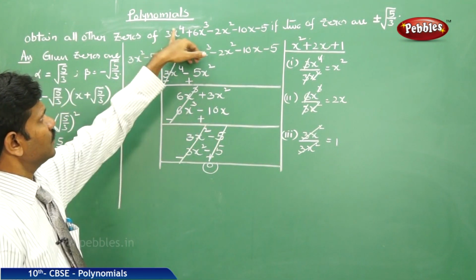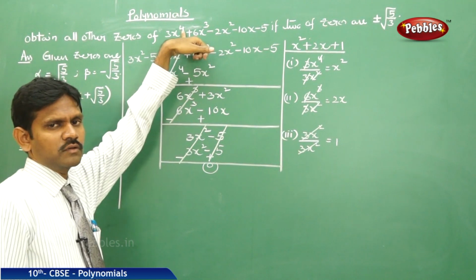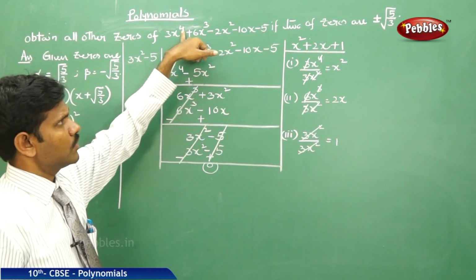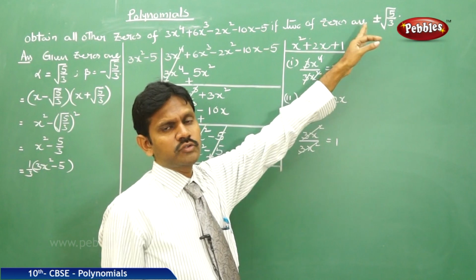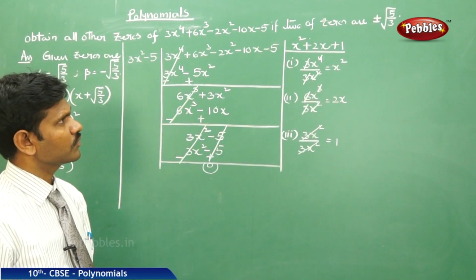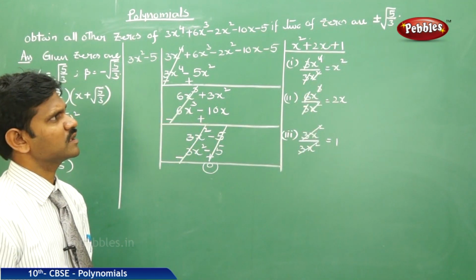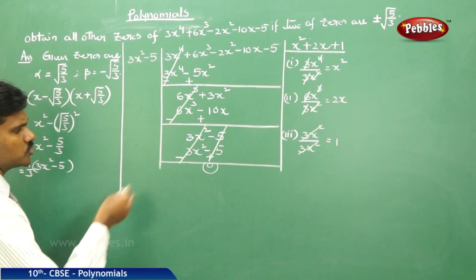Now the highest degree is 4, so I have to find out the 4 zeros, but in my hand only 2 zeros are there. That is, the one is root 5 by 3, the second one is minus root 5 by 3. The rest 2 we can find out.